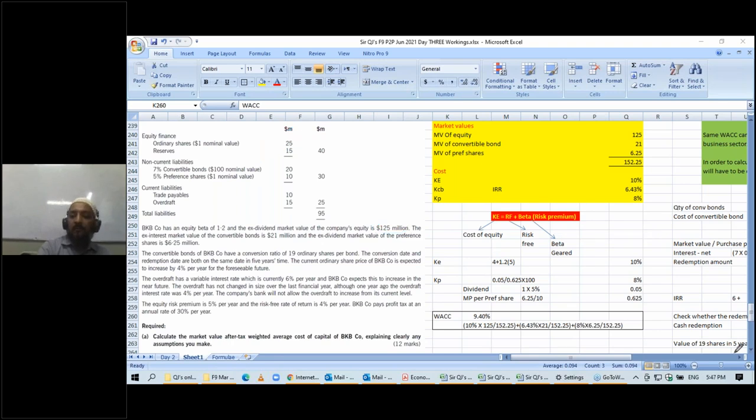So let me give you an answer to the weighted average. Why do we use market value and not the book values which is in the balance sheet? The main thing is that all the investment decisions take place on the basis of market value, and usually equity values will increase, but the loans value will not increase by that much, right?